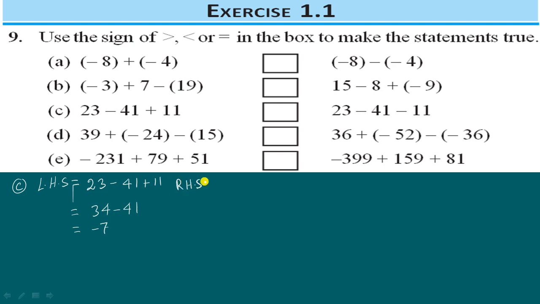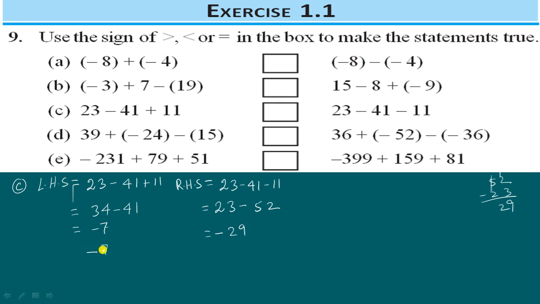Right hand side is this one, that is 23 minus 41 minus 11. We are getting 23, 1 plus 1 is 2, 4 plus 1 is 5, 52. We are getting the value as minus, and 52 minus 23 that is 29, that is minus 29.